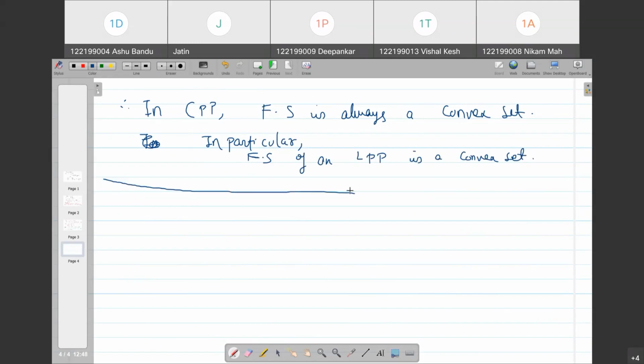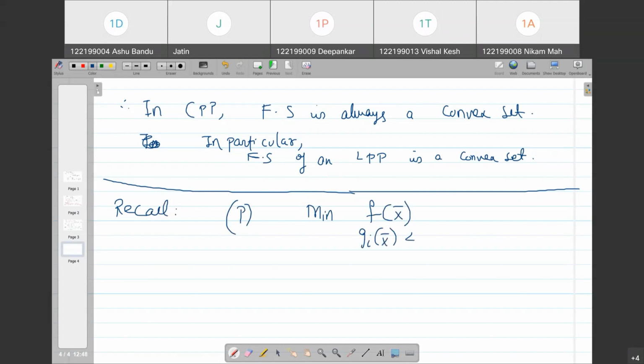So when you call a problem P a convex programming problem, if you have a problem of the form minimum of f of x bar with gi of x bar less equal 0, and your f and gi's are convex, then we call the problem P a convex programming problem.